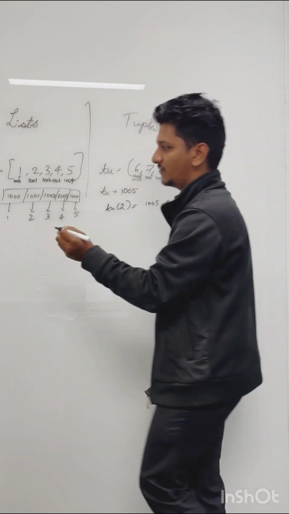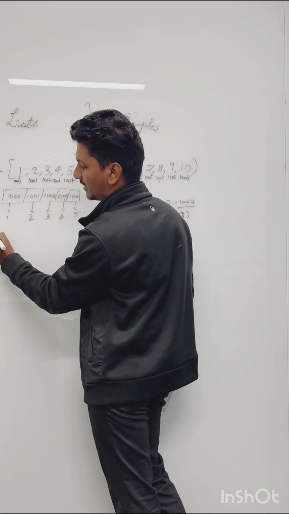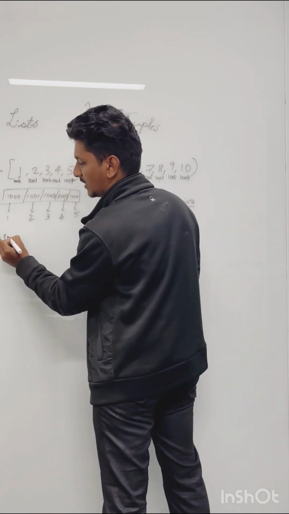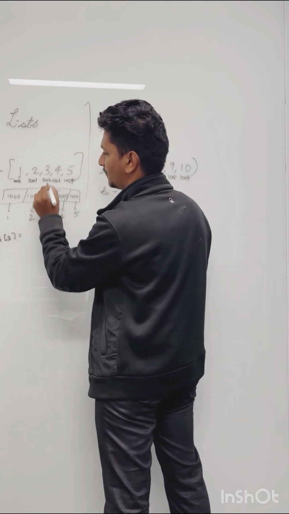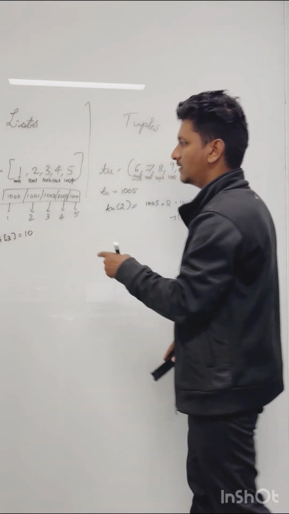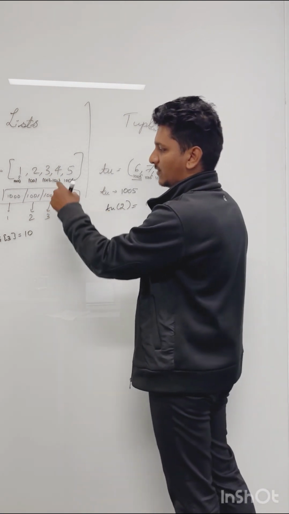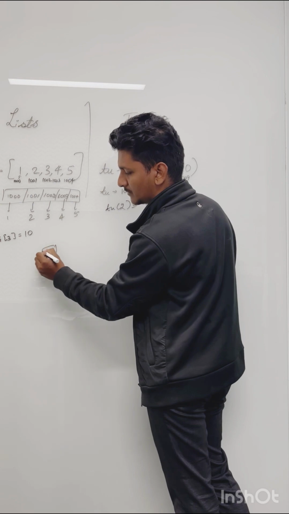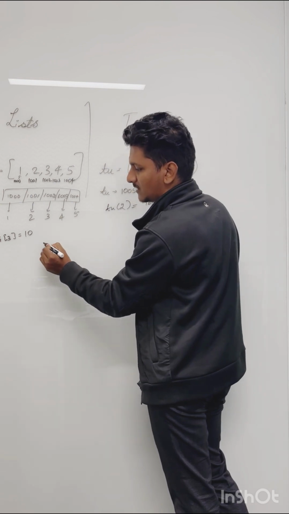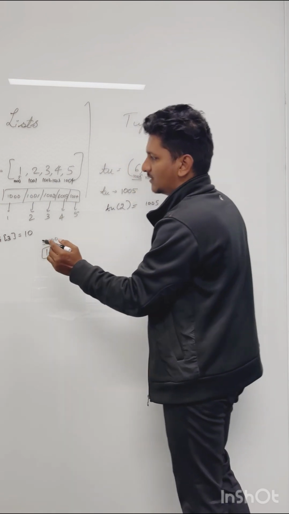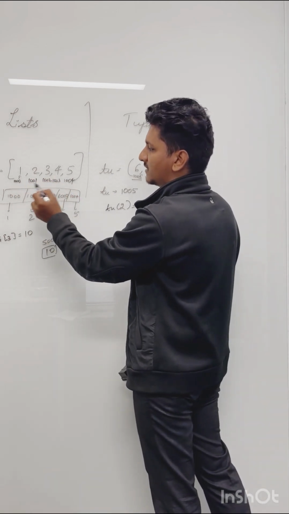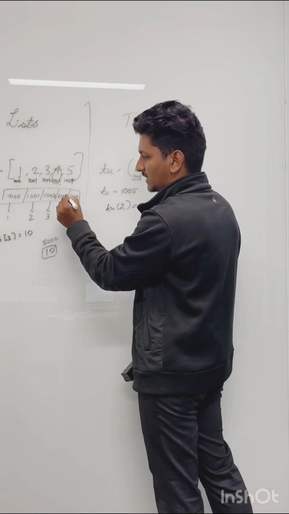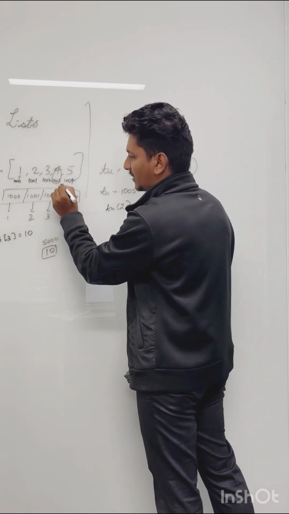Whereas in case of list, since it is mutable, if I do li of 3 is equal to 10, somewhere 10 will be stored in the memory, and address of 10, suppose it is 5000, then li of 3 will be, it comes here 0, 1, 2, 3, and then in 1003 the address of this will be changed to 5000.